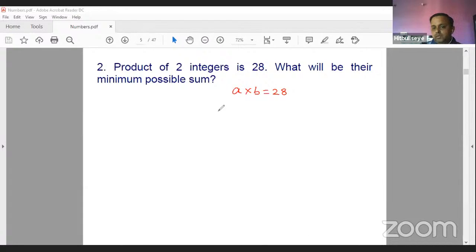Okay, Astha, you are saying 14 into 2. Akash, you are saying 4 and 7. Okay. Any other answer, please?